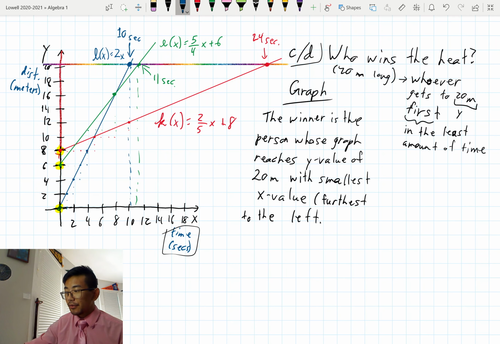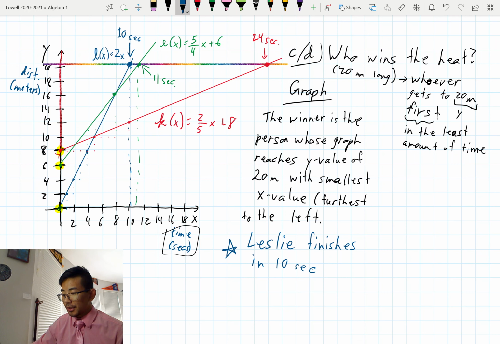So according to the graph, I would say Leslie wins, finishing the race in 10 seconds. Evie would be 11 seconds, and Kristen would finish at 24 seconds.